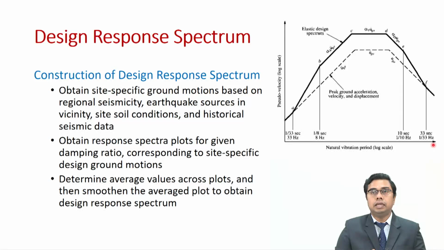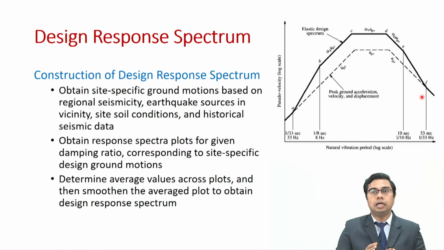After obtaining these ground motions, we will obtain response spectrum plots for a given damping ratio corresponding to different ground motions, which means on the same plot of the response spectrum, we shall have different plots corresponding to different ground motions. If we take 30 ground motions, we shall have 30 different lines on the same plot.